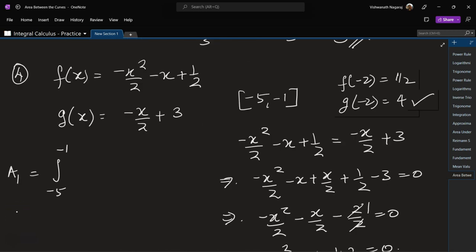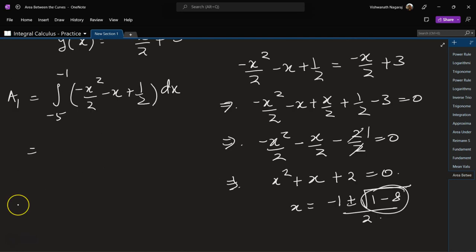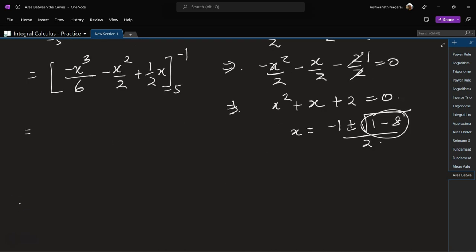From minus 5 to minus 1 of minus x square by 2 minus x plus half, which is equal to minus x cube by 3, 2 is already there, so 6, minus x square by 2 plus 1 by 2 x in the interval minus 5 to minus 1. So this would be minus 1 by 6 minus 1 by 2 minus 1 by 2. This is the first part, then minus the second part.